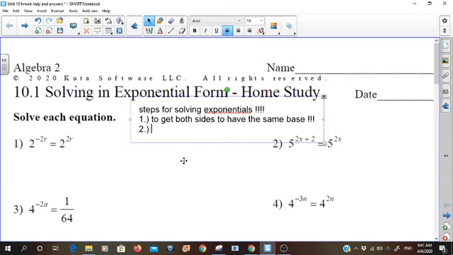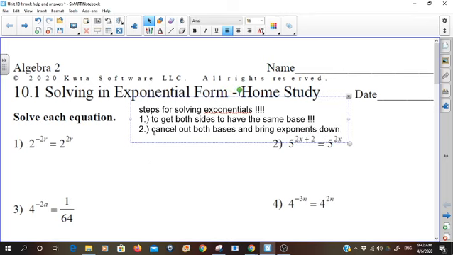Step number 2 then, I guess if I'm teaching you correctly, this is the first time really we'd introduce logs, even though they probably didn't want me to show you this, but this is the right way to do it. You can basically cancel out both bases and bring exponents down.